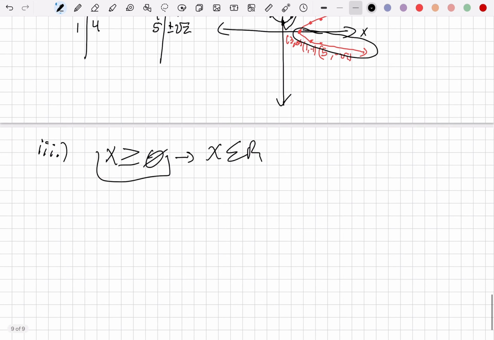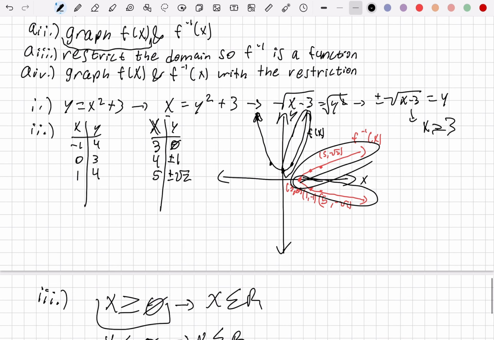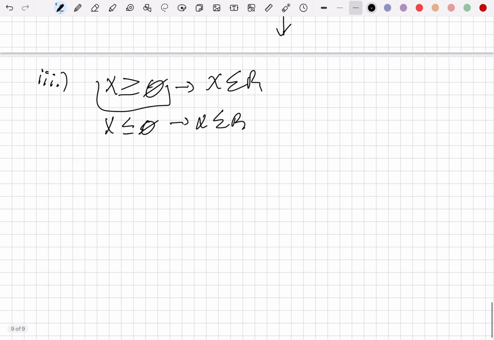As well, we can do x has to be less than or equal to 0, because this would then mean we only get the top half of the graph. So now, if we were to graph this function, it would look something like this, obviously it would be more exact than this.